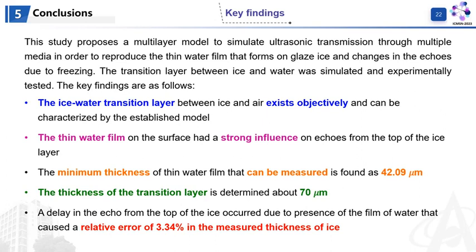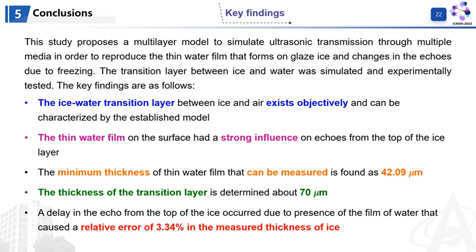The ice-water transition layer between ice and water exists objectively and can be characterized by the established model. The thin water film on the surface had a strong influence on echoes from the top of the ice layer. The minimum thickness of thin water film that can be measured is found as 42.09 micrometers.